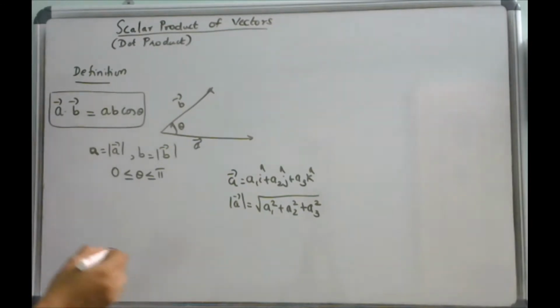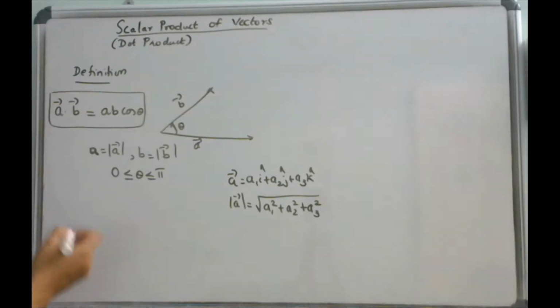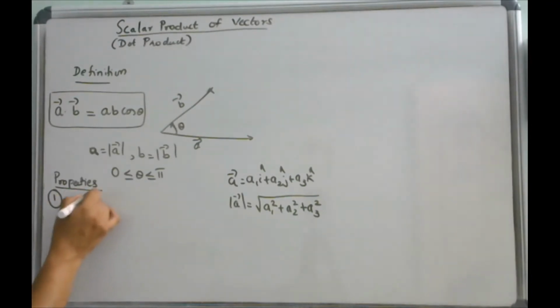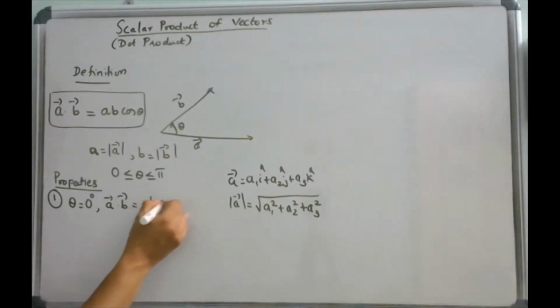Now going on with the properties of this, we have to learn about the properties. These are some of the important properties which you have to learn along with this dot product. The first property is that if theta is equal to 0 degree, then you will have a dot b is equal to ab cos 0.